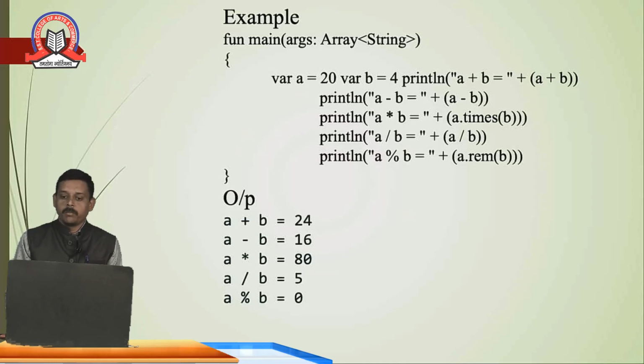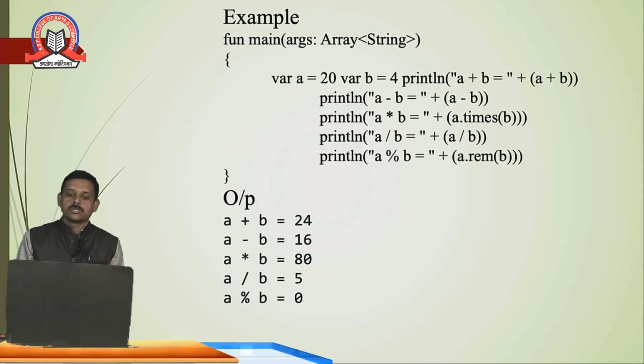Here this plus has been used as an arithmetic operator which adds the values of the two variables a and b. So the output will be a plus b is equal to 24, that is, a has value 20, b has value 4, and the addition a plus b, that is 24, will display on the output screen.